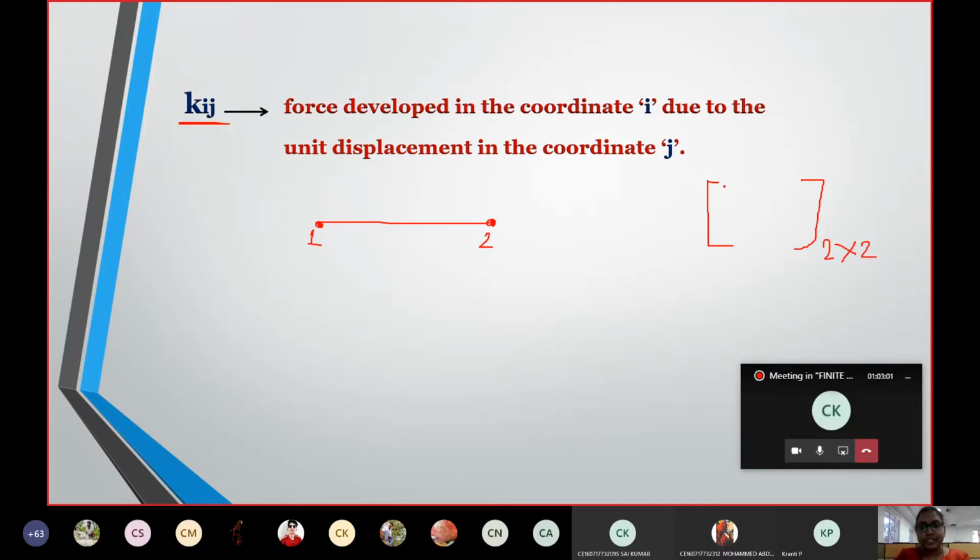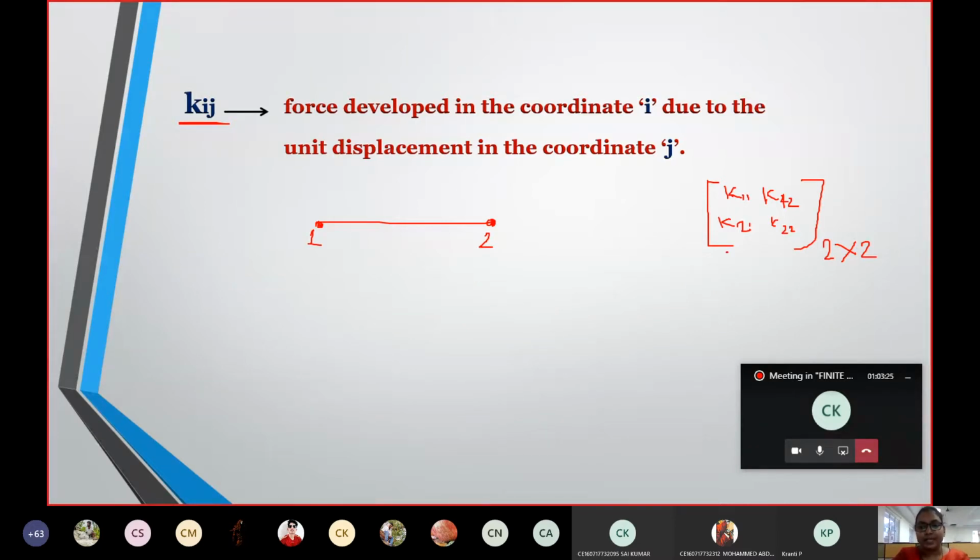When it is 2 by 2, the terms will be K11, K12, K21 and K22. Pardon my writing here, I'm using the mouse.